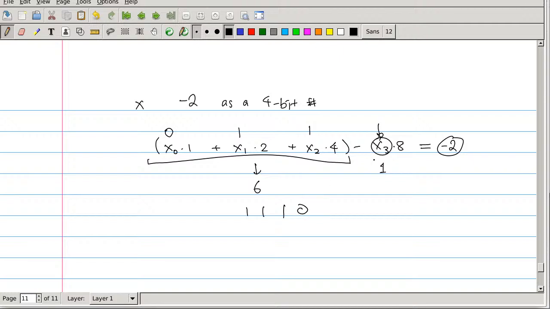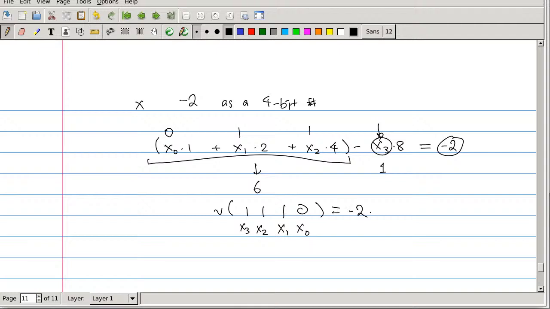This is going to look really ugly, so I'm going to reuse the concept of a tunnel. So this is the bit pattern to represent -2.